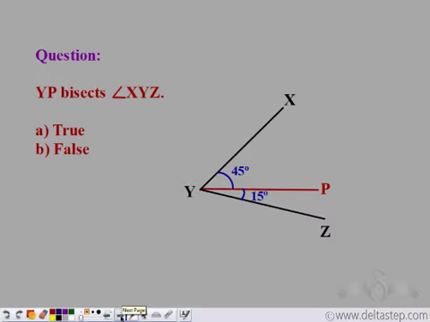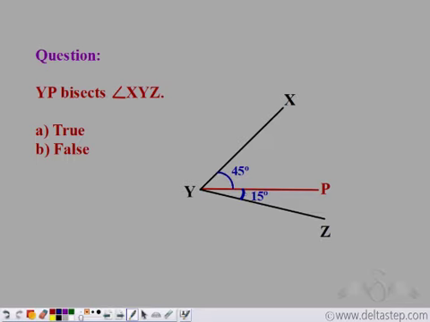Now can you answer this question? YP bisects angle XYZ. Is it true or false? Well, we see that YP is a line segment. Angle XYZ is this angle. The angle made here is 15 degrees.